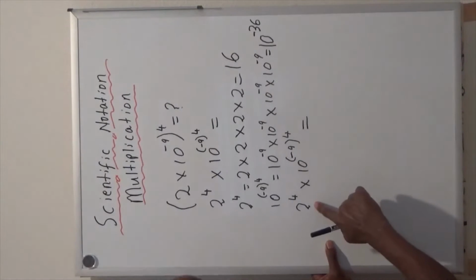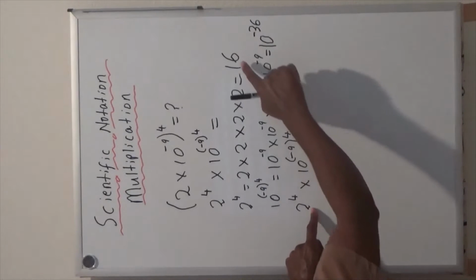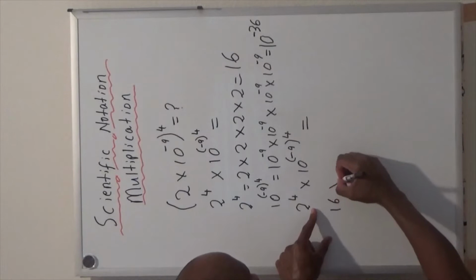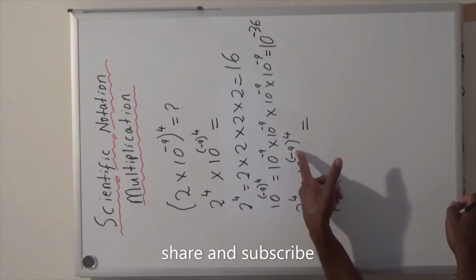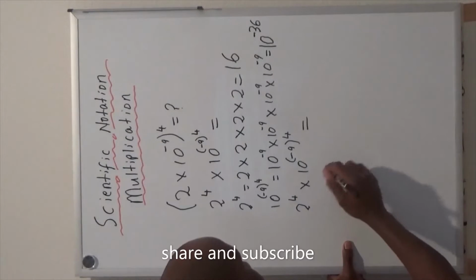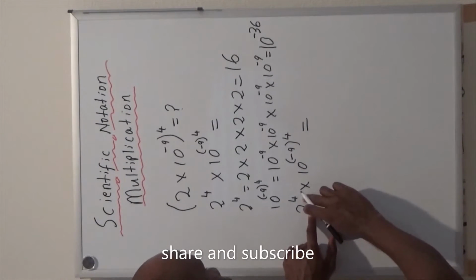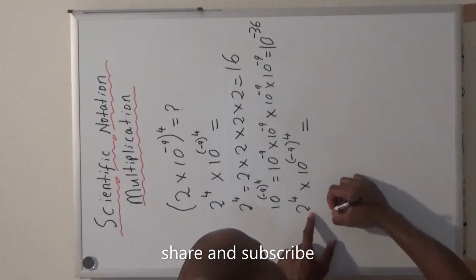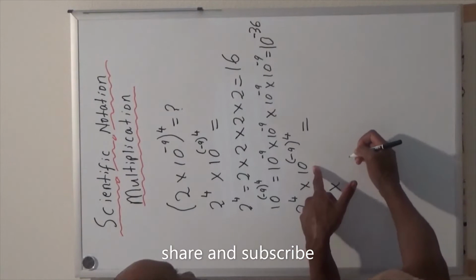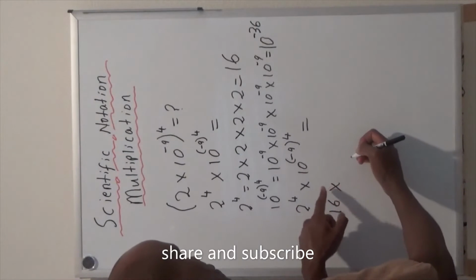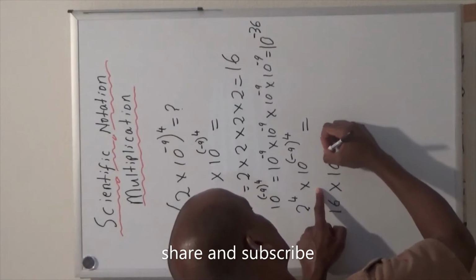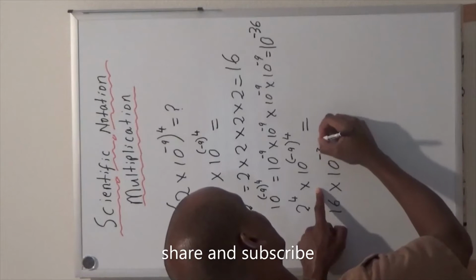Now I will substitute. 2 to the power of 4 will be 16, times 10 to the power of minus 9 times 4, which I substitute with 10 to the power of minus 36.